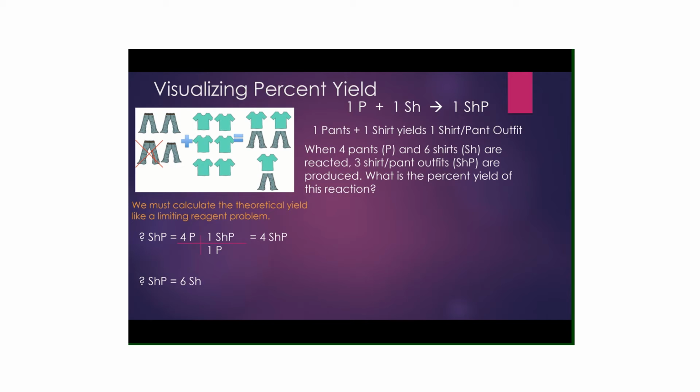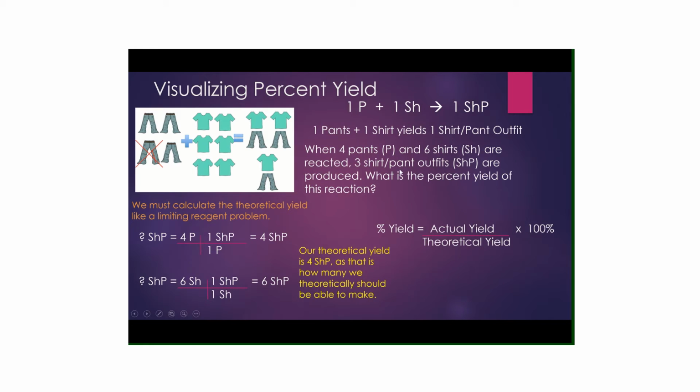How many shirt pants can we make with 6 shirts? Again, that 1-to-1 ratio from our balanced chemical equation. We should be able to make 6 shirt pants with 6 shirts. 4 is less than 6, so we're only going to be able to make 4 shirt pant combinations. Pants are our limiting reactant.